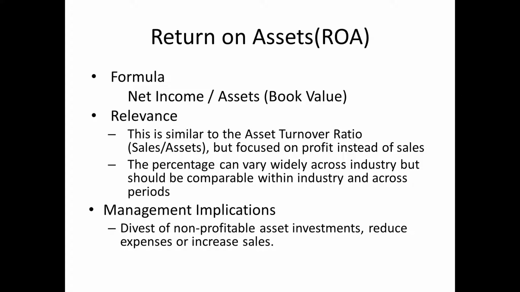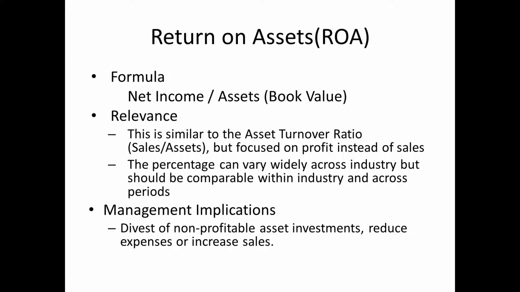These percentages can certainly vary widely across different industries. Again, partly because of the income, but mostly because different industries have different assets. You can have very asset-intensive businesses that require a lot of equipment, versus not.